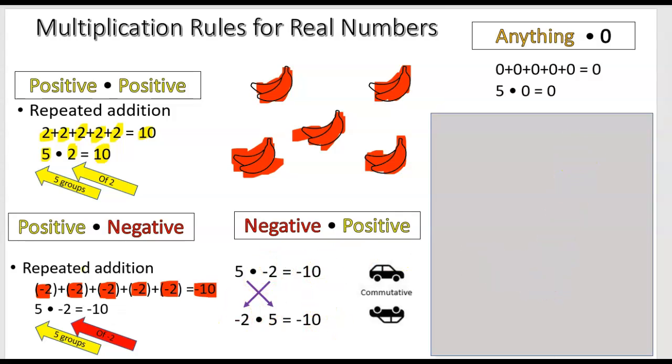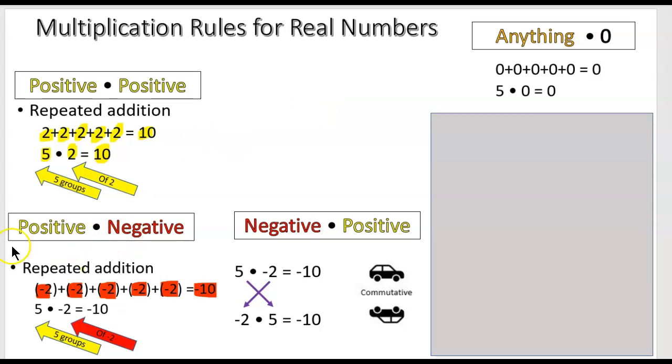What about multiplying by 0? Well, just think of it like this. Here's all my bananas, right? What if we have 5 groups of no bananas?